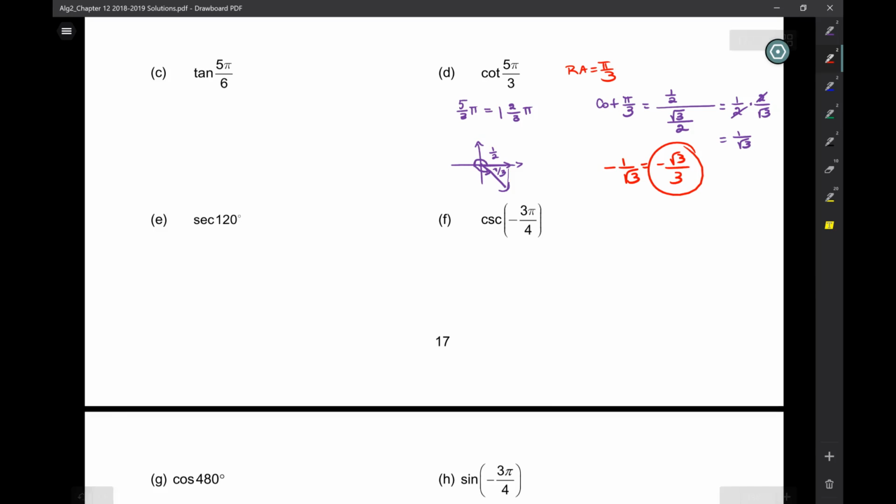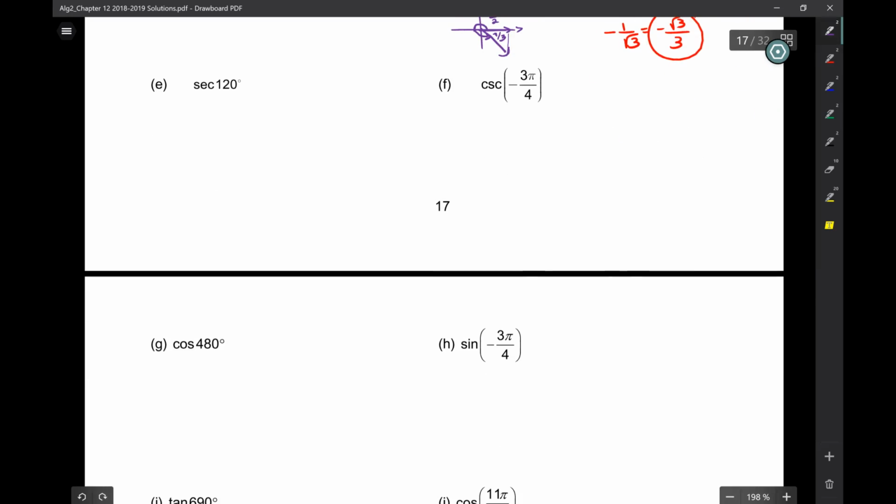Okay, all right, let's do one more. Secant of 120. What's the reference angle for 120? 60. Okay, so 120 is here.